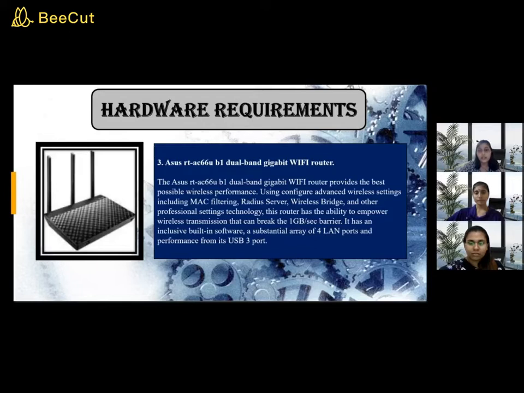Using configurable advanced wireless settings, including MAC filtering, radius server, wireless bridge, and other professional settings, this router has the ability to empower wireless transmission that can break the 1 GB/second barrier. It has exclusive built-in software and an array of 4 LAN ports, and performs from its USB 3 port.